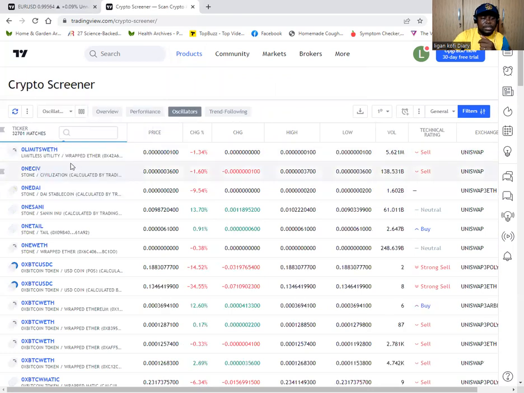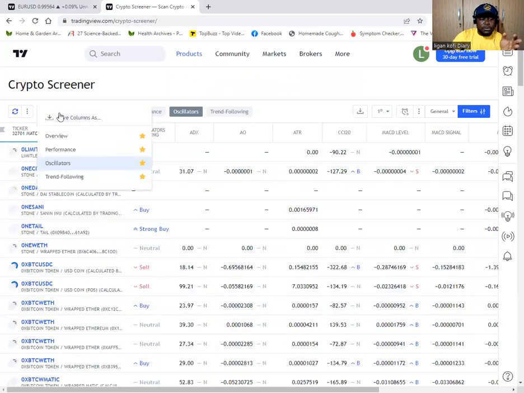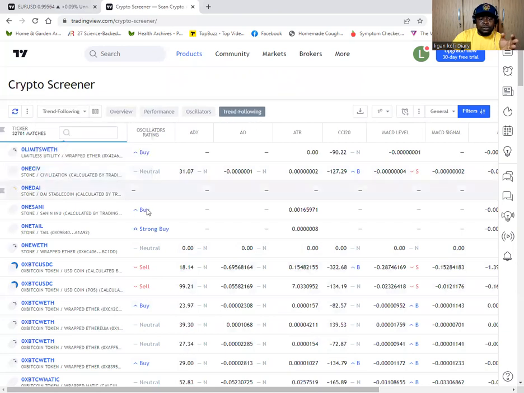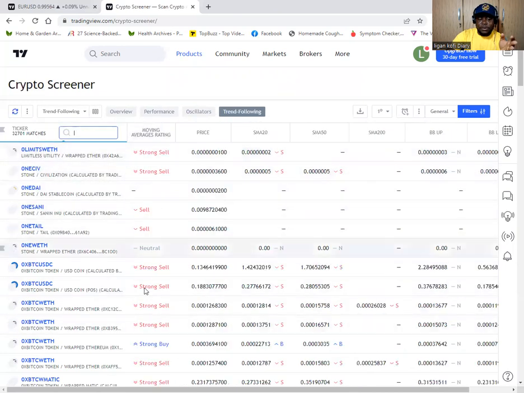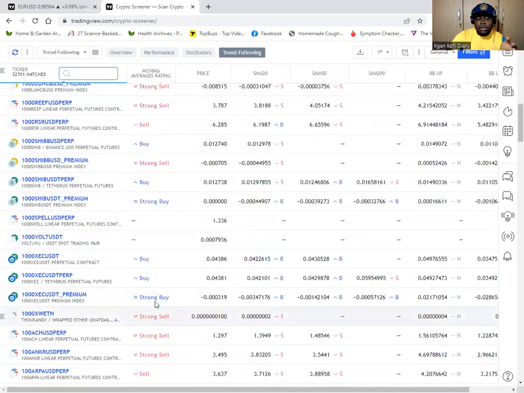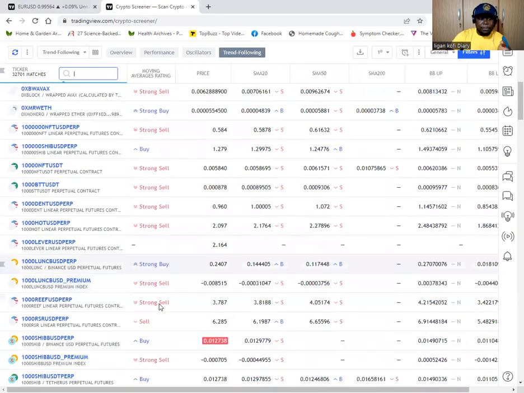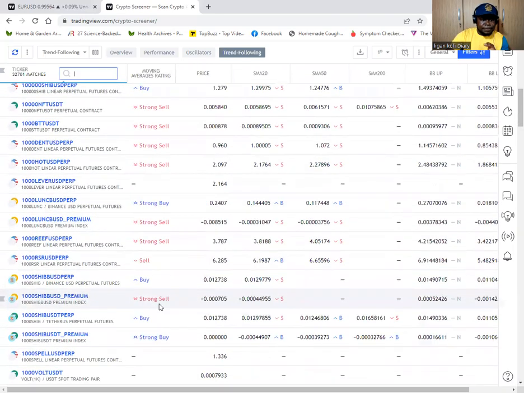When we go to the oscillator aspect, you see all the cryptocurrencies that we have. The oscillator screener is giving you the signals here. If you want to use the trend following tool, you can use that, and it is also giving you the signals over here. You see all the cryptocurrencies, a lot of them are here.